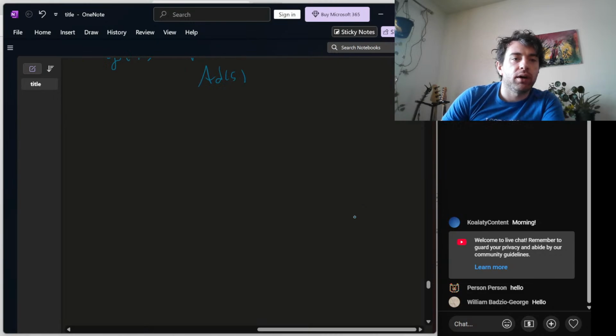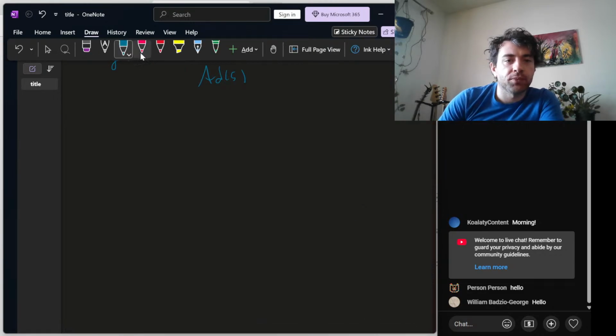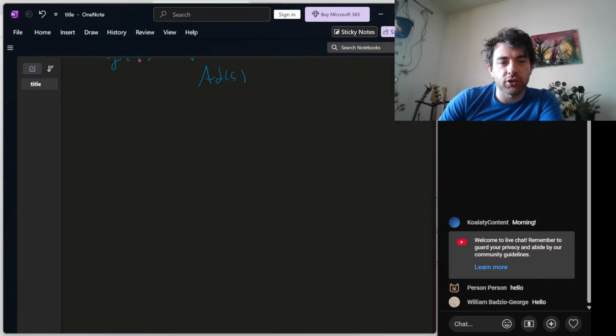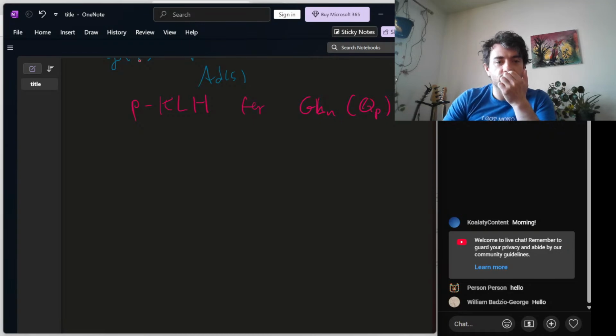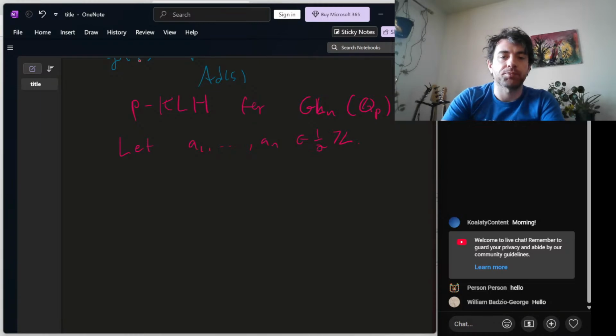And so here's the general, again, understanding we've made some simplifying assumptions here, but roughly speaking, the p-adic Kazhdan-Lusztig hypothesis for GLN over a p-adic field says this. Let A1 through AN be some collection of half integers.